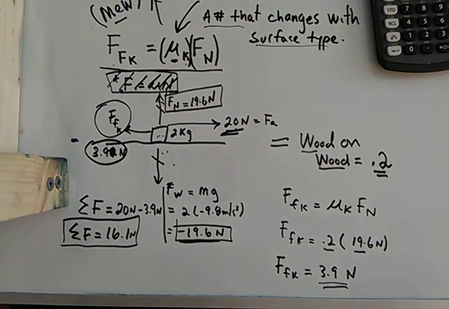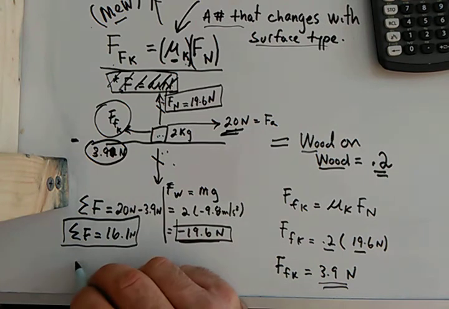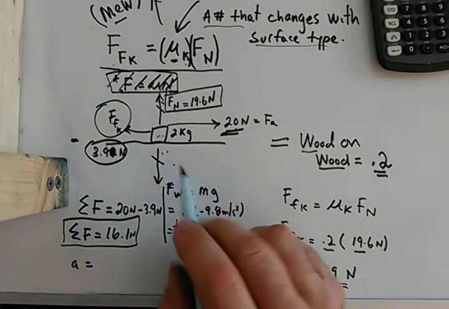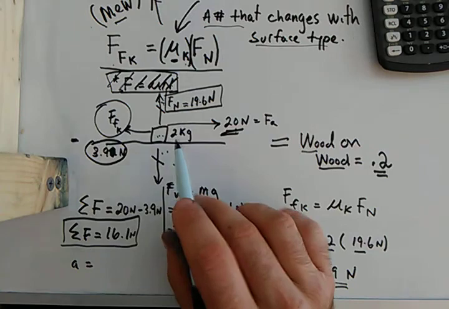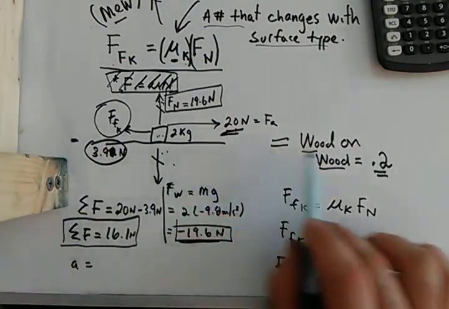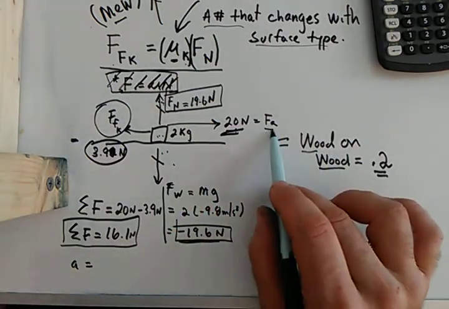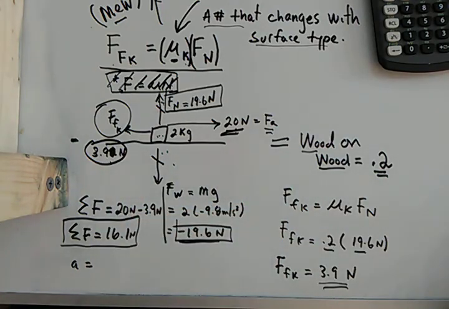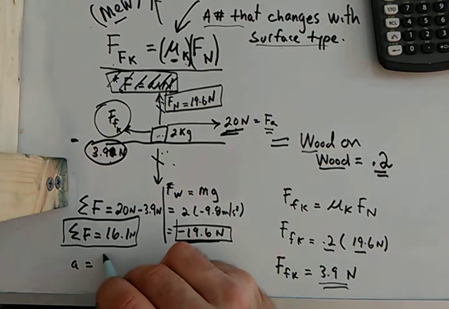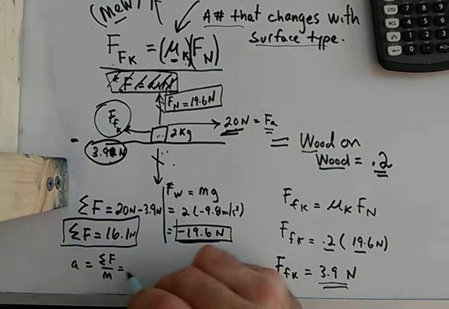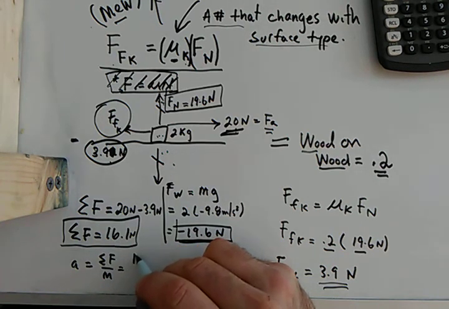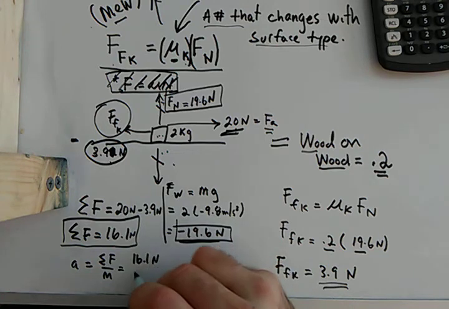Again, this is a long-winded video, but I'm going to take it to the next step and say, hey, what's the acceleration of the block? First of all, guys, we know that it's going to accelerate to the right because the applied force is bigger than the frictional force. So, acceleration is net force over mass. We know our net force is 16.1.